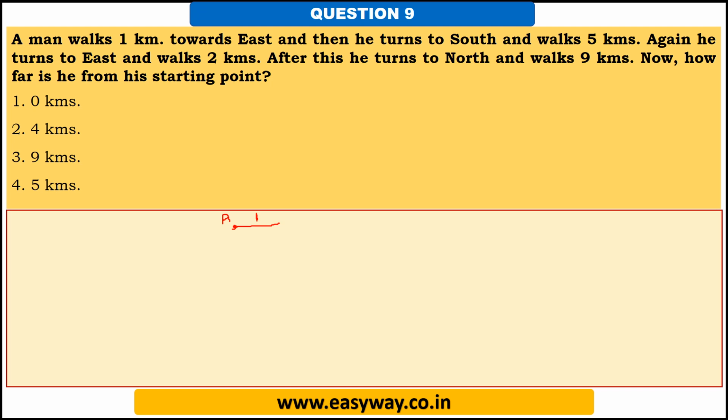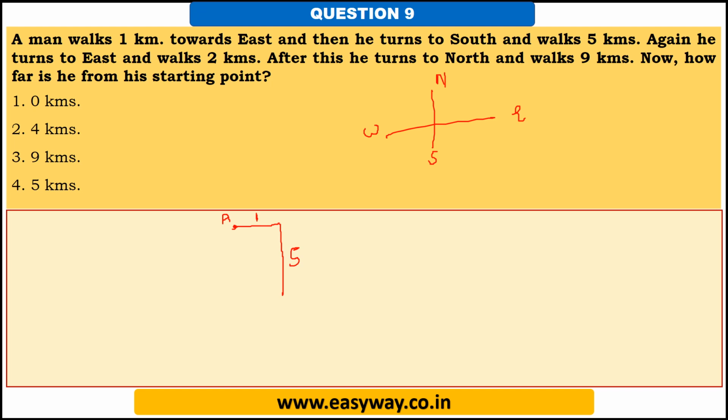Next it is said that then he turns south and walks 5 kilometers. Now where is south? Now you must be knowing all the directions, that is north, south, east, west, okay. So where will be south? This will be south. So south he travels 5 kilometers. Now next it is said that again he turns to east and walks 2 kilometers. Now again east will be here.